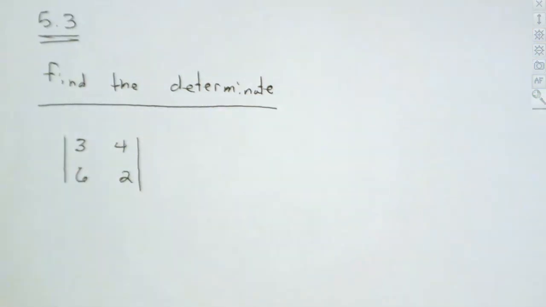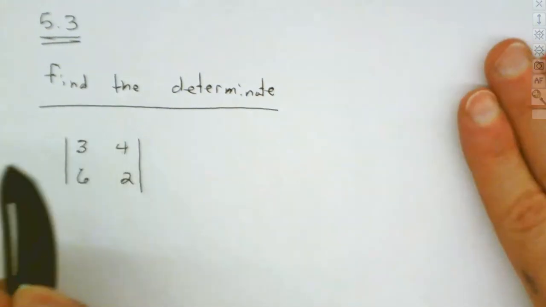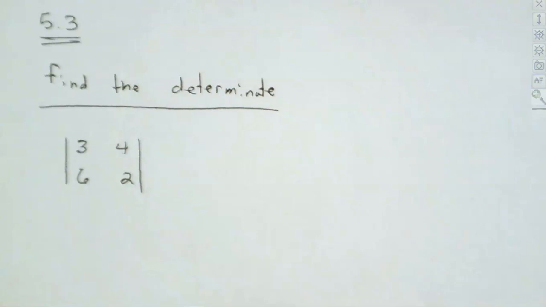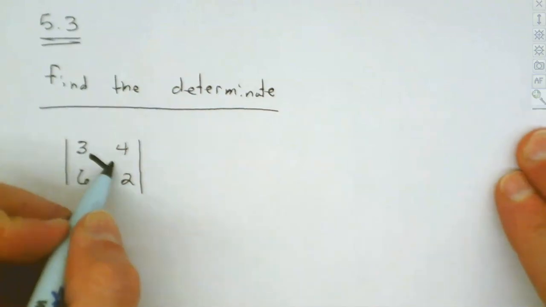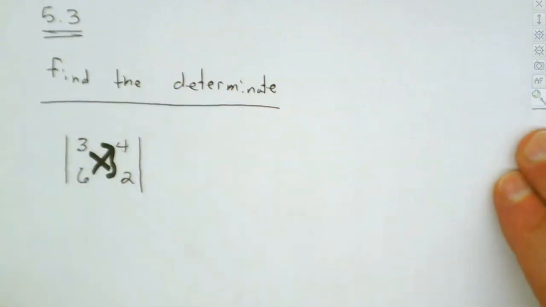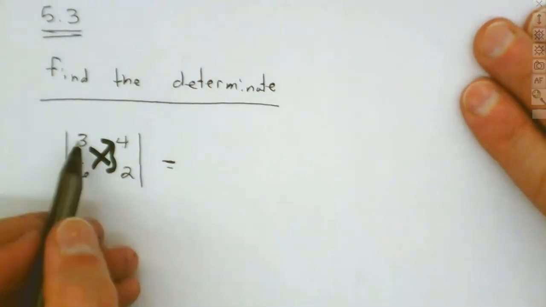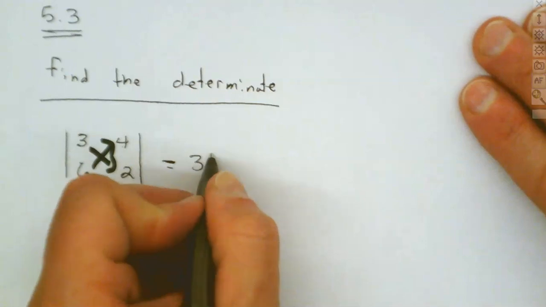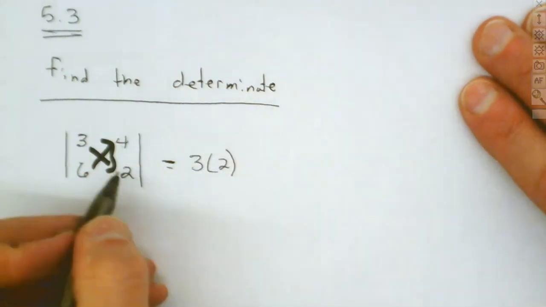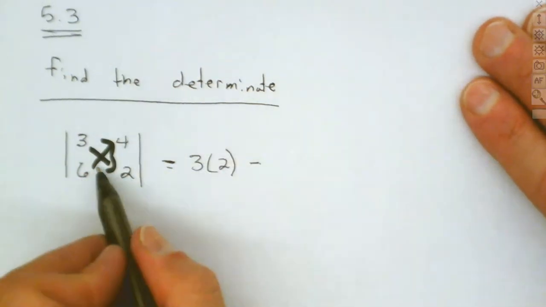Now, when it is a two-row, two-column determinant like this one, you cross-multiply. So you cross-multiply and you subtract. So we simply write this as you cross-multiply 3 times 2. Then we take off the upper side.